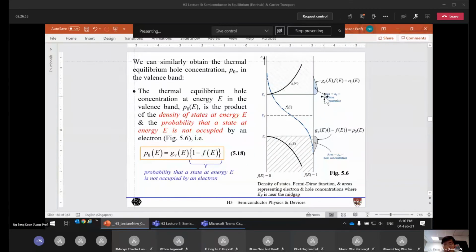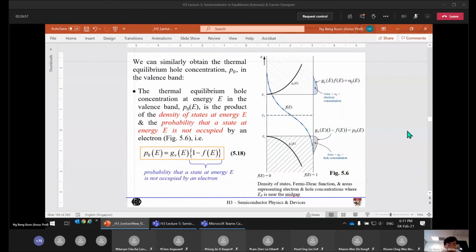Okay, we're talking about just the N0, right? The total. Yes. Then it's referring to the area under the curve. If it's the N0 function, that means N0 bracket E, that's the curve. The area under the curve gives us the total electrons, so that's N0.